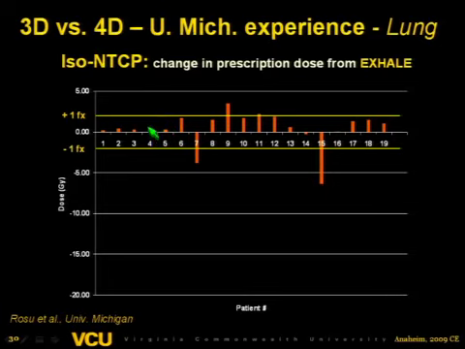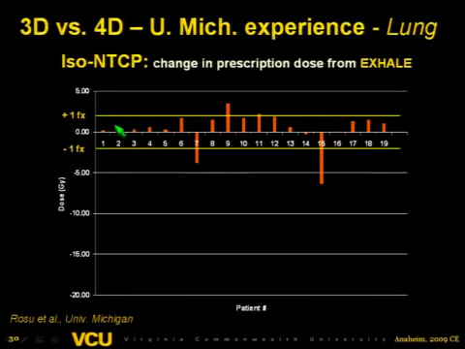And from here, of course, the question becomes, what is a significant change in the prescription dose? I don't think the answer to this question is known, but perhaps the minimum change that might be clinically important could be, for example, a dose that equals the fraction size dose.